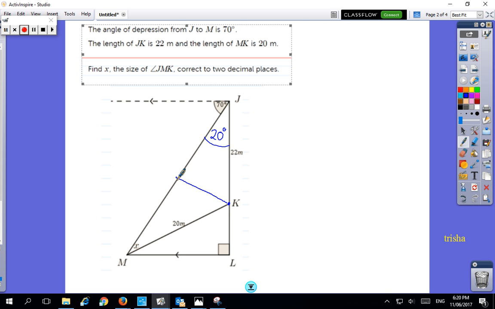And the shortest distance between a point and a line is always at right angles.